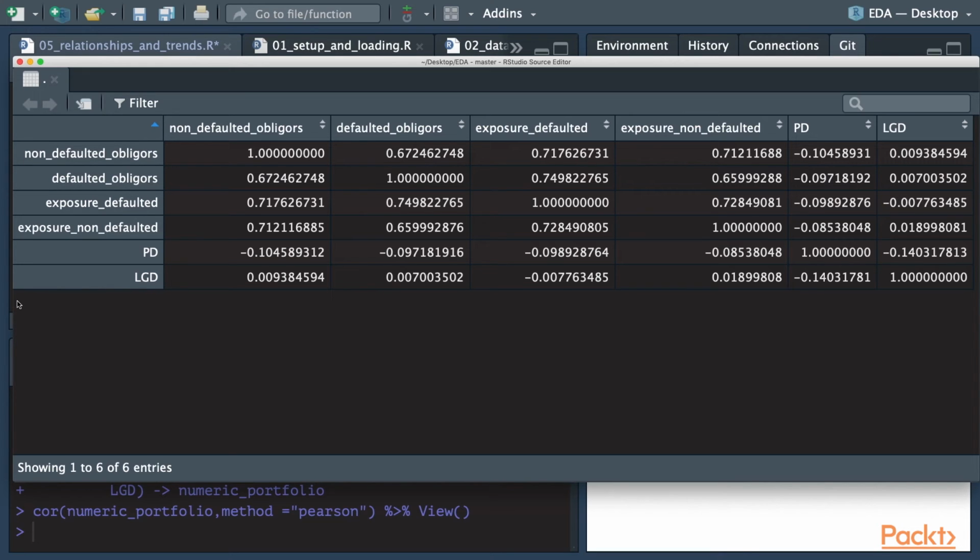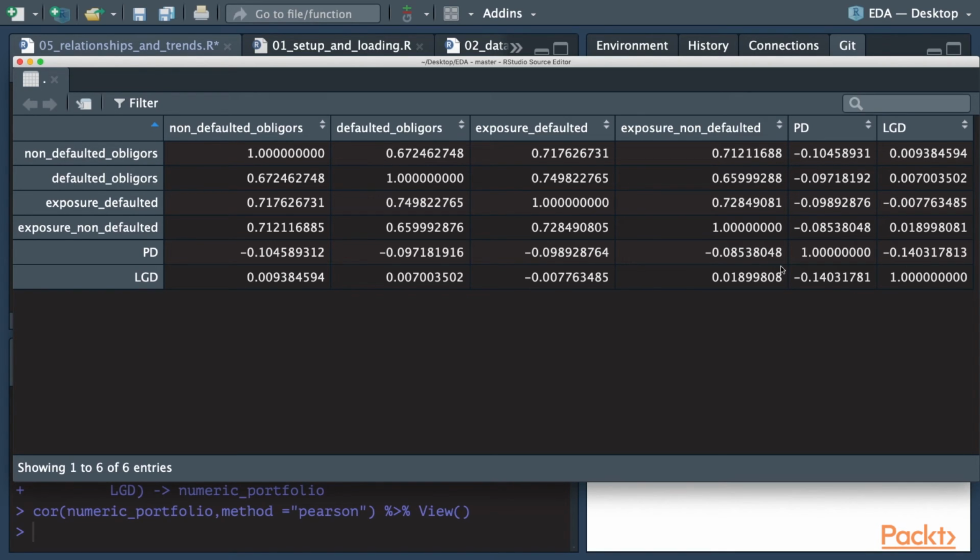A simple logical check when looking at a correlation matrix is to check the diagonal, where you should always find 1, as it is in this case. Why? Because at the diagonal, the correlation coefficient of each variable with itself is calculated. As for instance here, we have the correlation coefficient calculated between PD and PD. And so by definition, this is equal to 1.